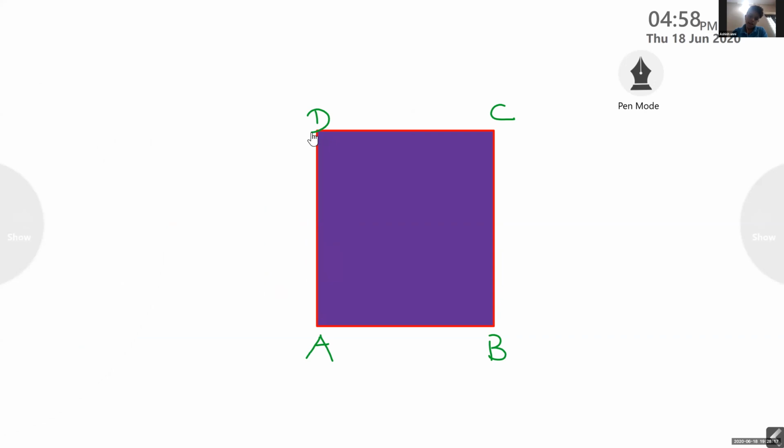Or you can start from here on the top. Wherever you start, it should be continuous. If you're starting from here, A, and going downwards, it should be continuous like this. A, B, C, D. Fine.